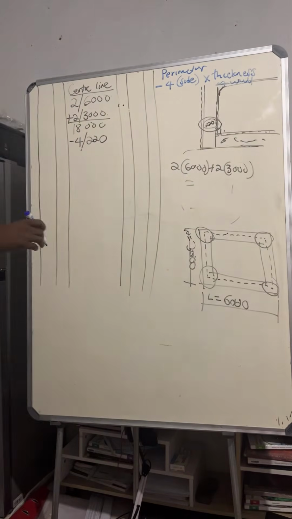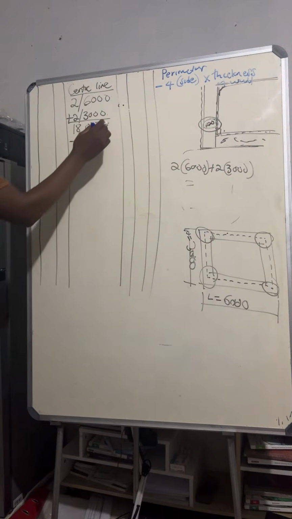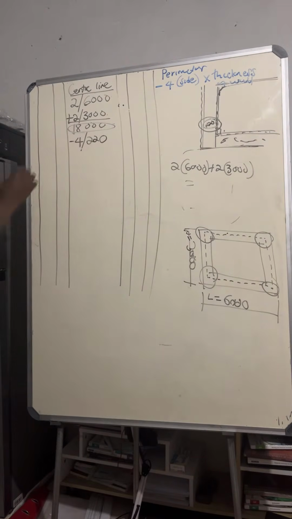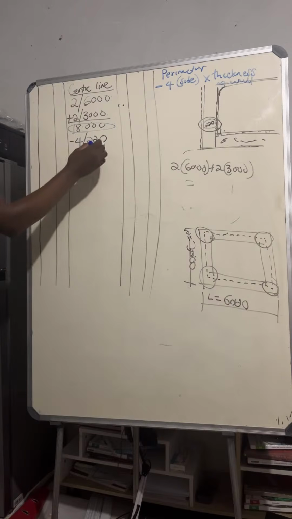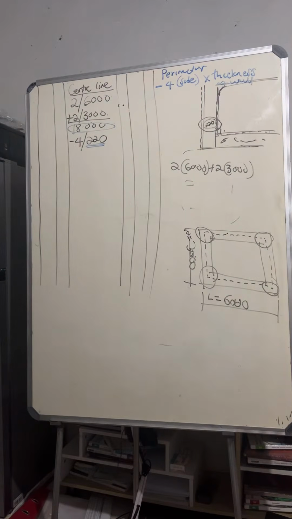So my question again: we calculated the perimeter. This is a perimeter, isn't it? Yes. Minus that perimeter, we're going to less 4 by the thickness. What is the thickness of the wall? 17,120.